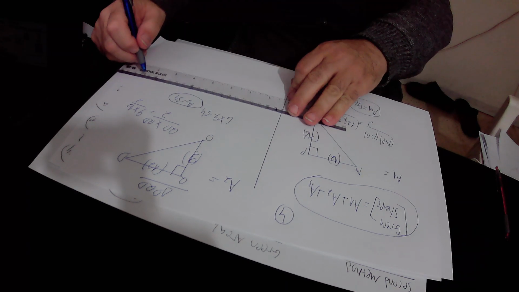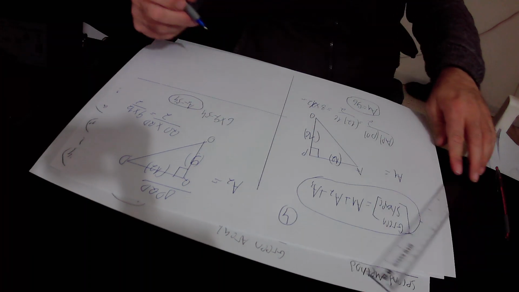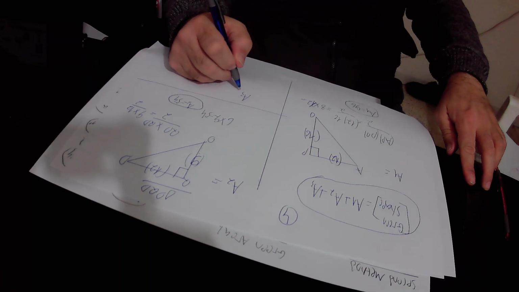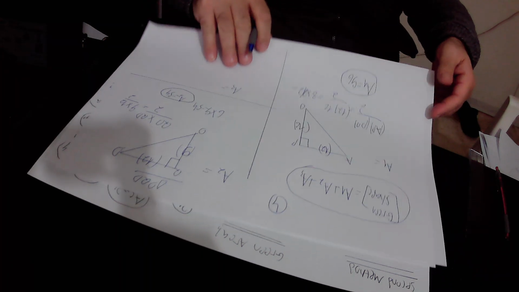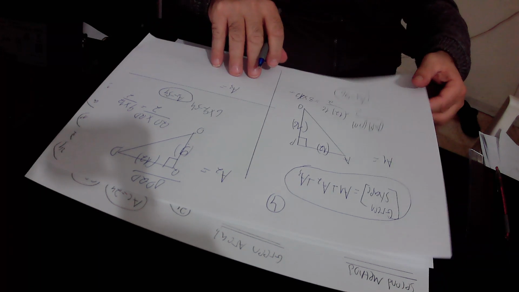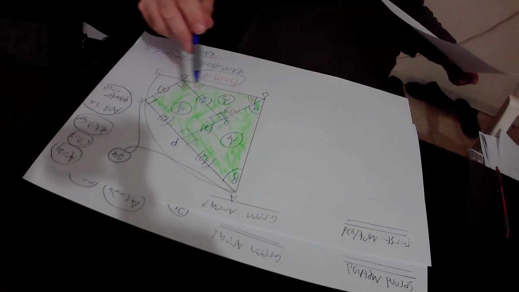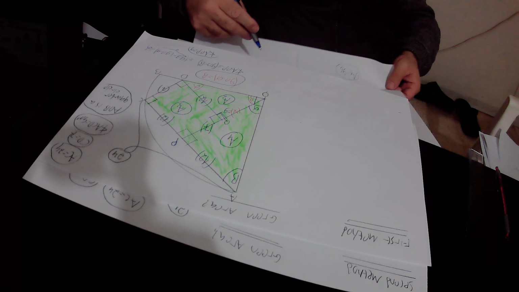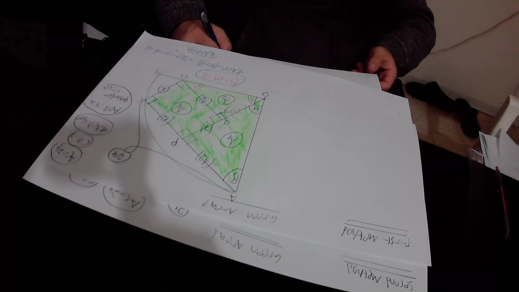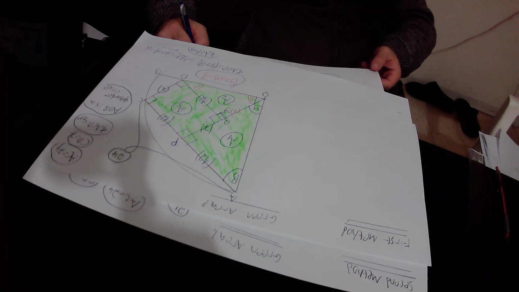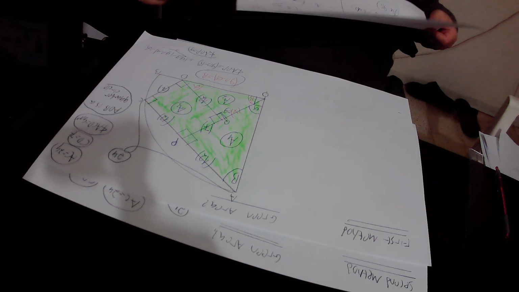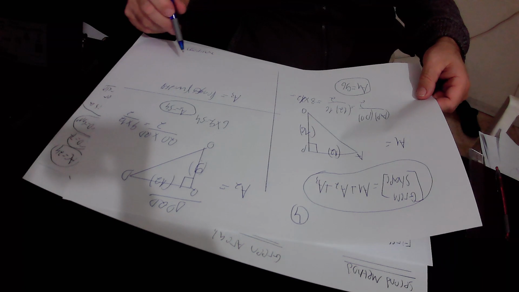In the next step, we'll find out the value of A3. A3 is the area of this rectangle QPCD. The area of any rectangle equals to the length of the rectangle times the width.